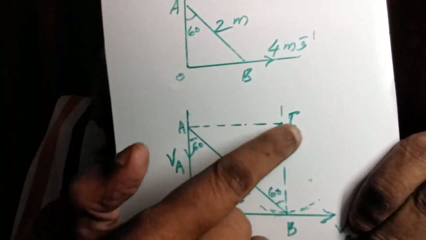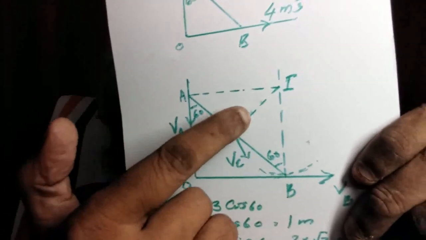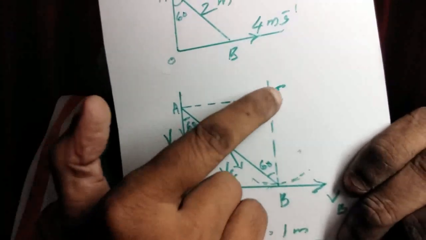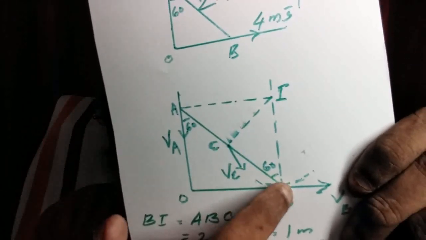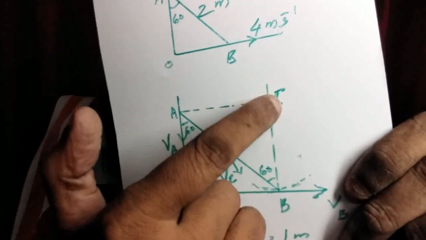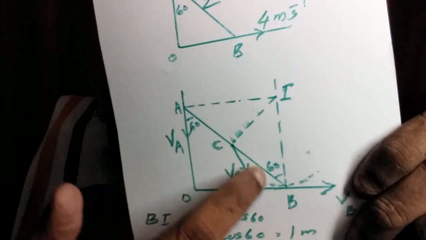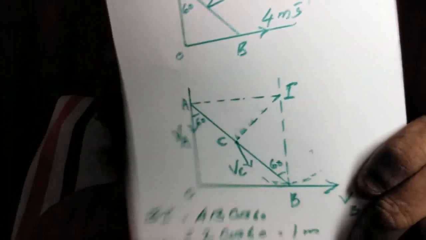For that we have to find out the radius. It's the instantaneous radius, the radius at this particular instant, that is CI. We have to find out CI. For this, just apply the cosine rule in this triangle. CI equals square root of BC square plus BI square minus 2 BC into BI into cos 60.